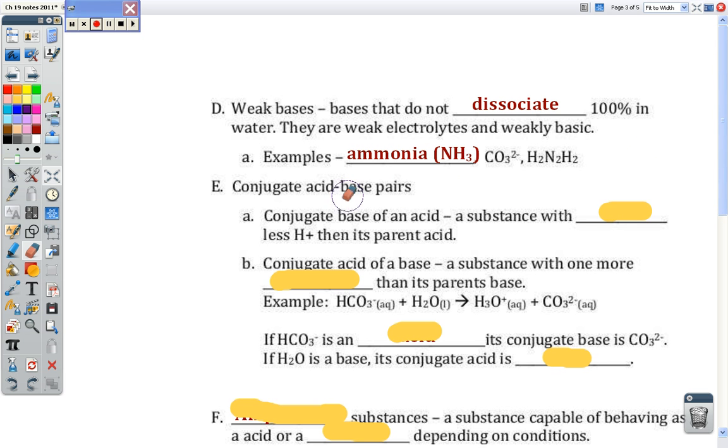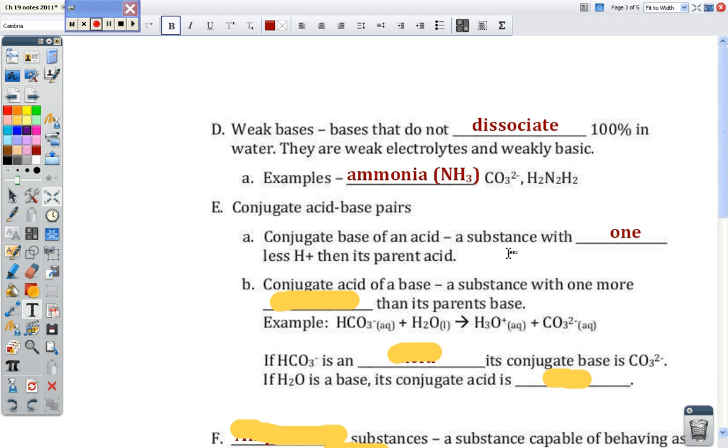Now, we get into what's called a conjugate acid-base pair. A conjugate base of an acid is the substance with one less hydrogen than its parent acid. The example we're going to give for this one would be HCl, which would be the acid.